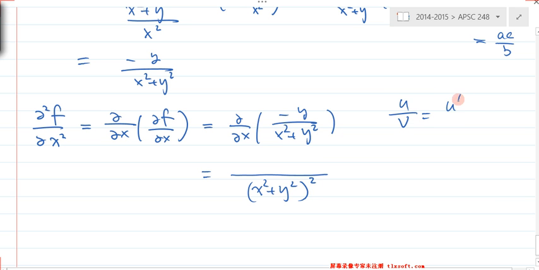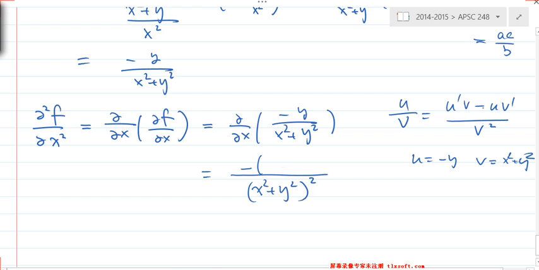So u prime v minus u v prime over v squared. What's the u? U here is negative y, and v is x squared plus y squared. So u prime is 0. So there's a negative here.